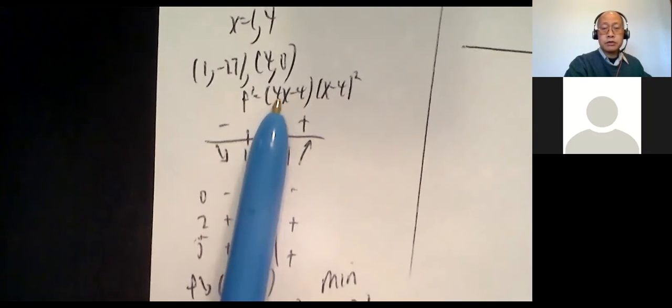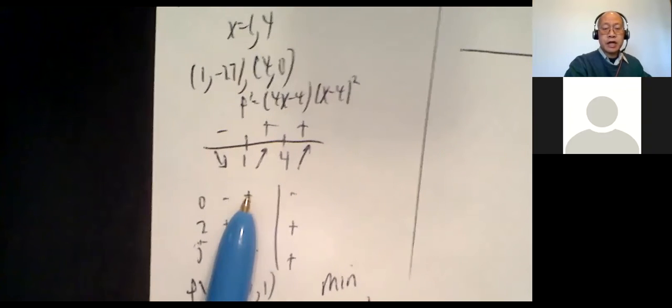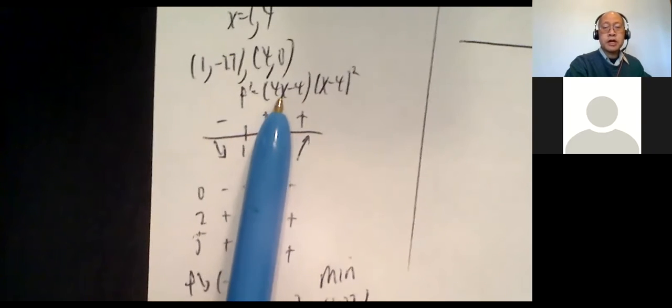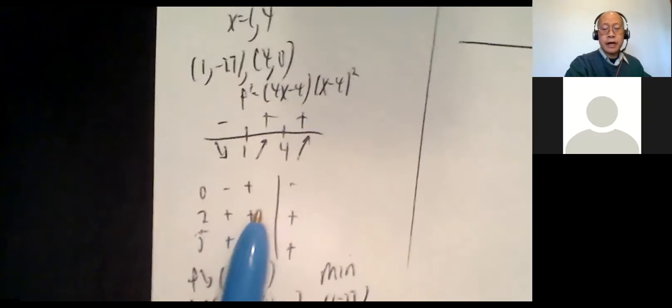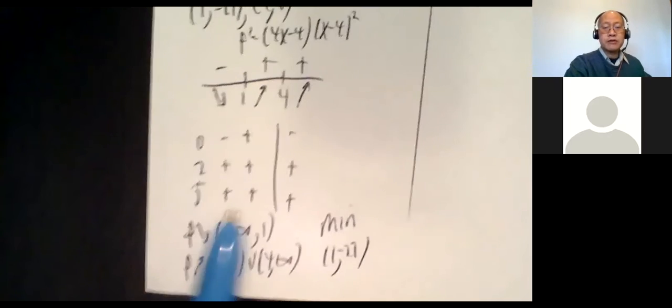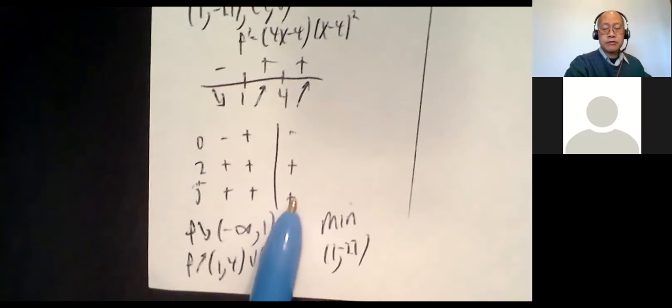Okay, so put a 0. 0 minus 4 is negative. Negative times positive is negative. Plug in 2. 4 times 2 minus 4 is positive. And again, I already know that's positive, so positive. And plug in 5. 4 times 5 minus 4 is positive. I already know that's positive, positive.